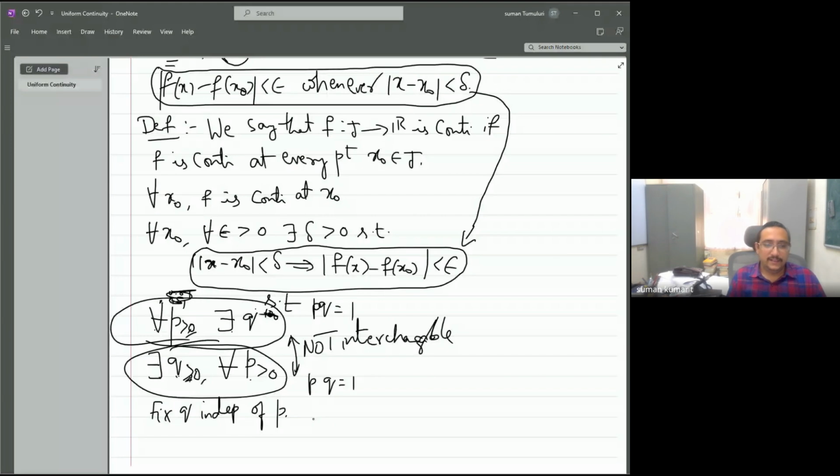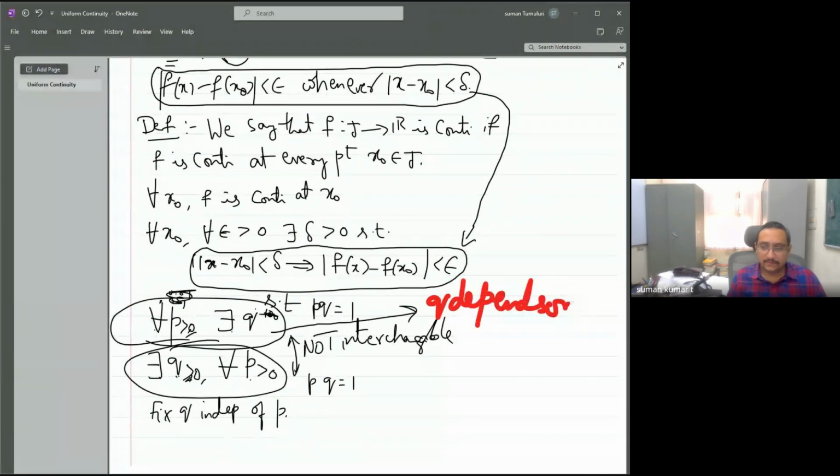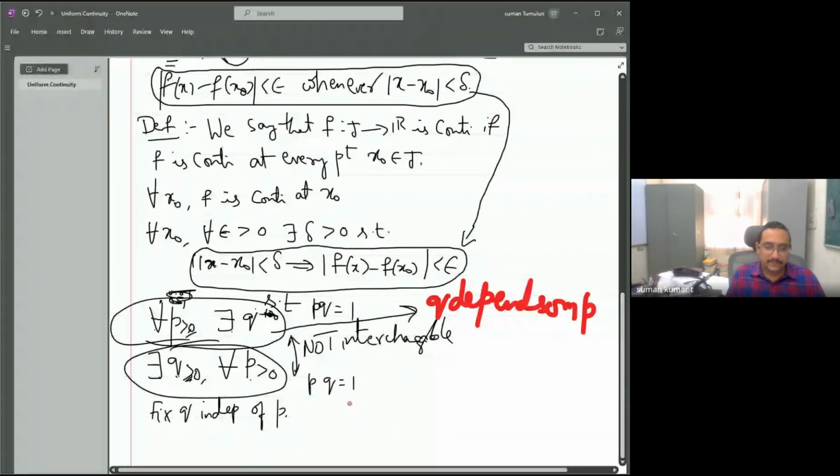Here, when I write for every first and there exists later, it actually means that Q depends on P. Here it means Q is independent of P. So this is the main difference between the order of the quantifiers.